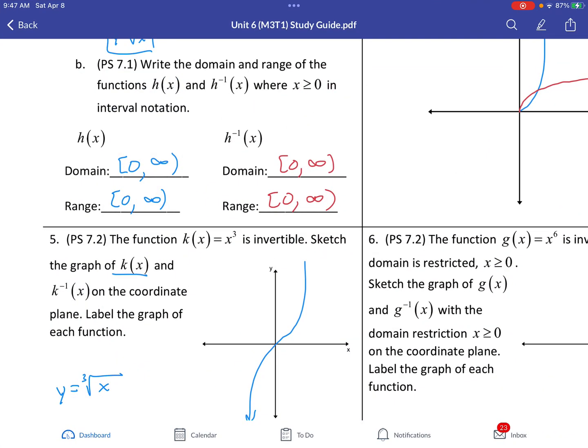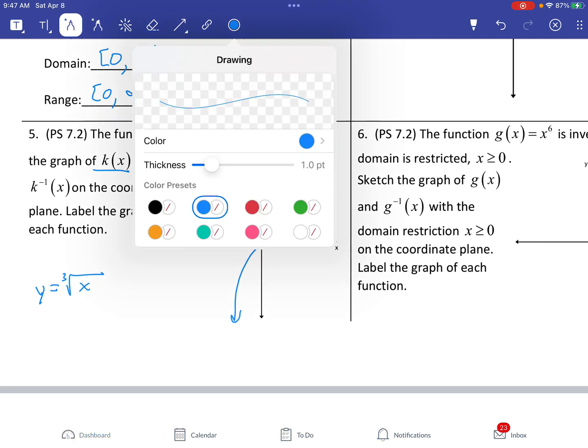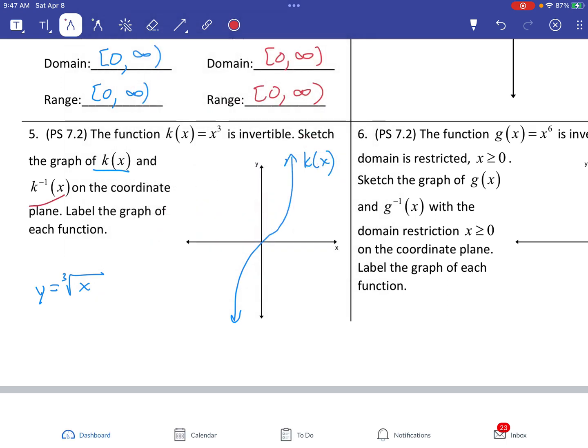And then I'm going to label it. So this is k of x. I'm going to do the other one in red. That is going to look like this. This is the inverse of k of x. All right, those are the two graphs.